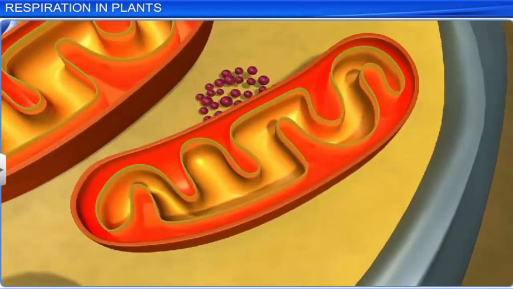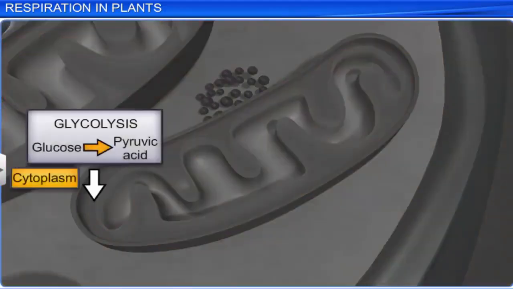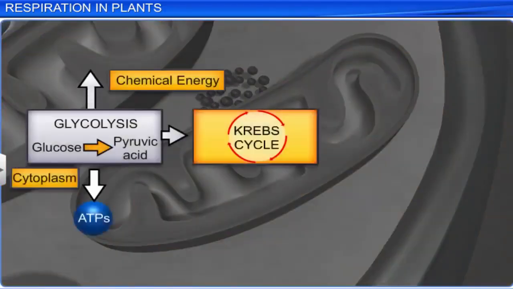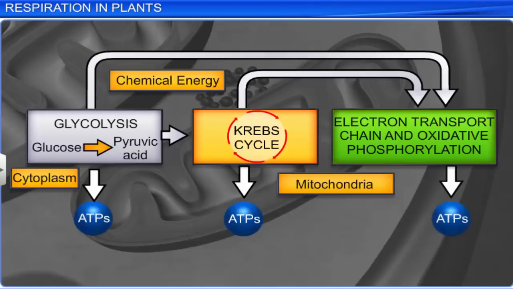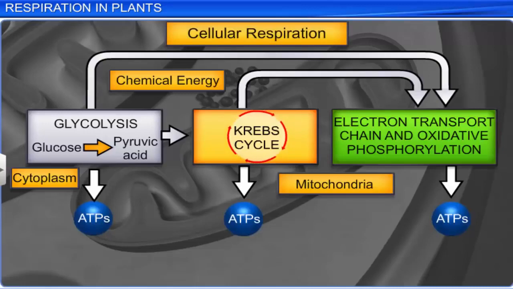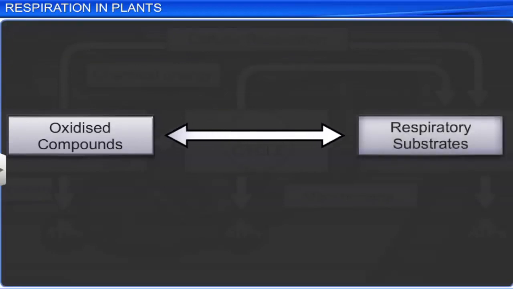In eukaryotes, it takes place in 3 distinct stages, namely glycolysis in cytoplasm, Krebs cycle, and the electron transport chain or ETC in the mitochondria. Since it takes place inside the cells, it is called cellular respiration. The oxidized compounds are called respiratory substrates.